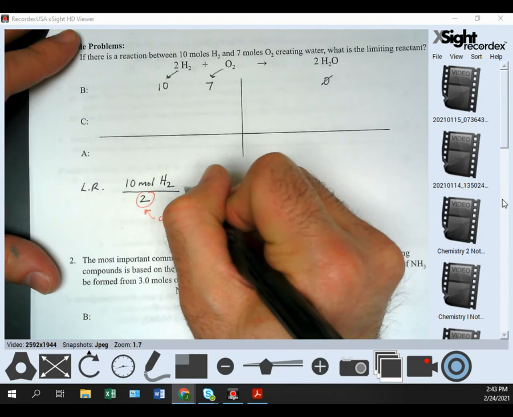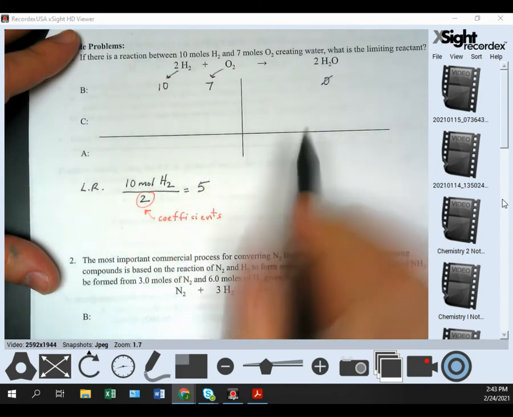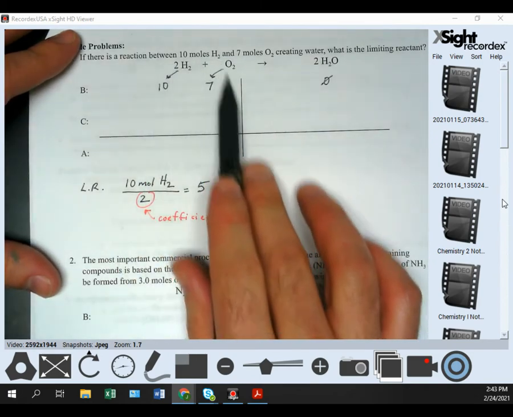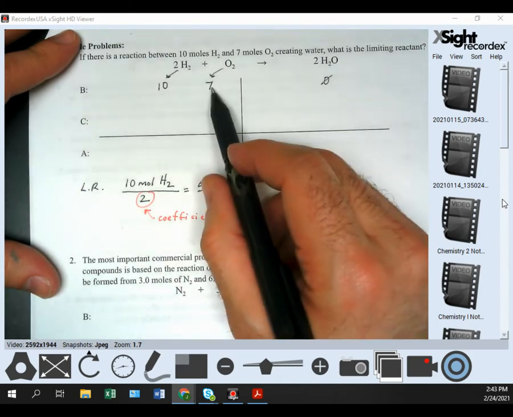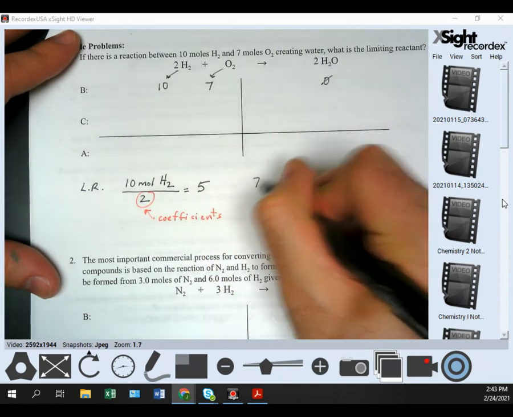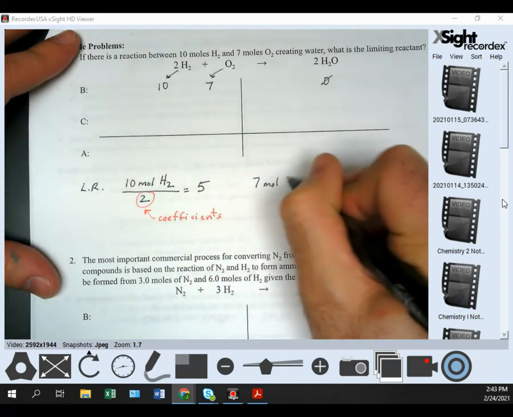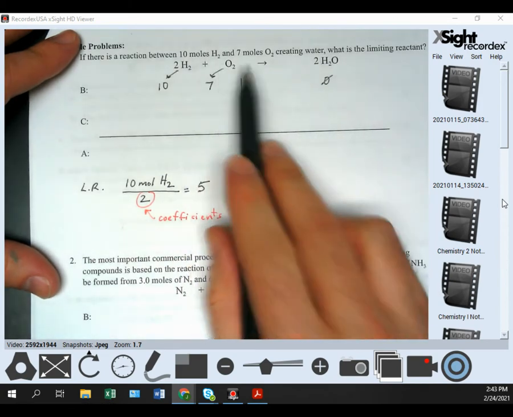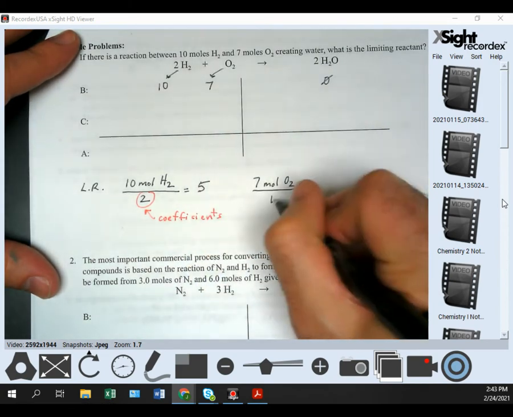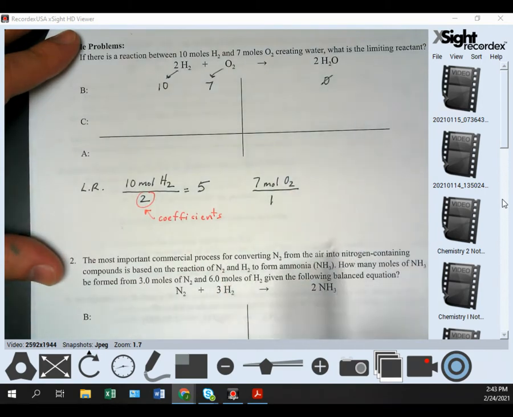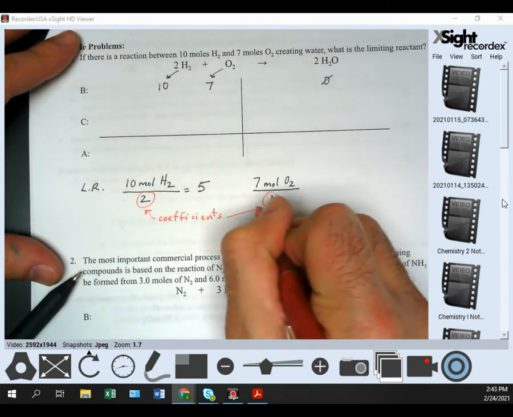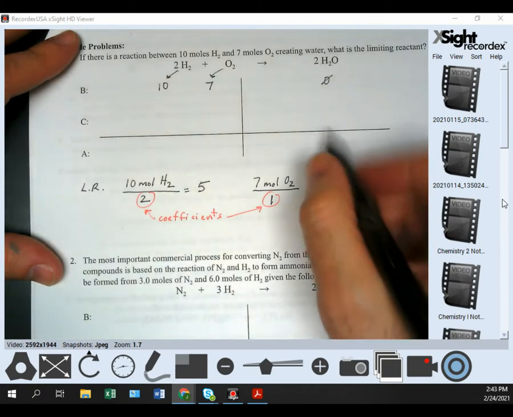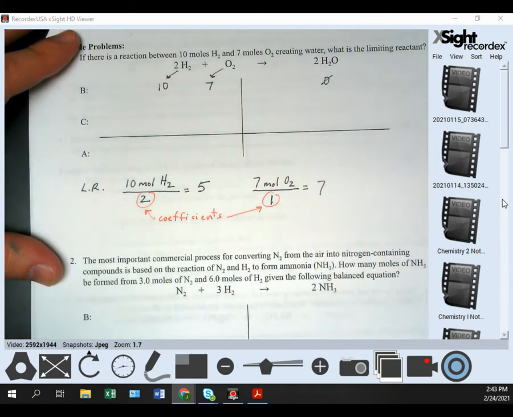Okay, so 10 divided by 2 gives us 5. We do the same thing for every reactant. So O2, we start with 7 moles of O2 divided by the coefficient. There's nothing in front of it, so it's a 1. Okay, so that's just 7.